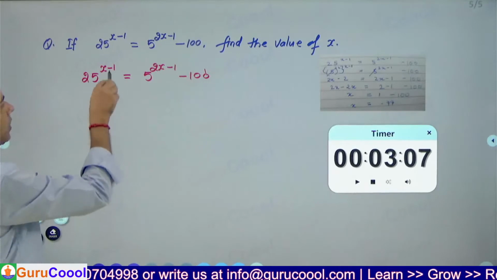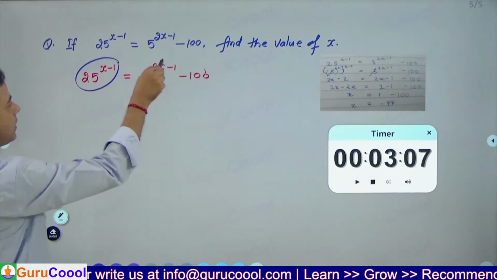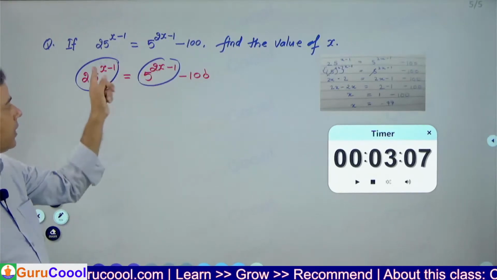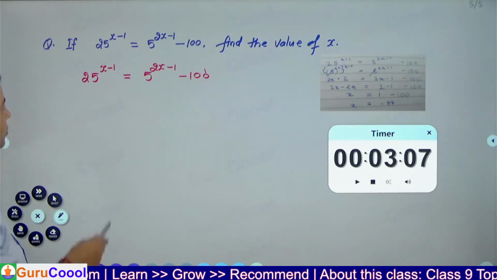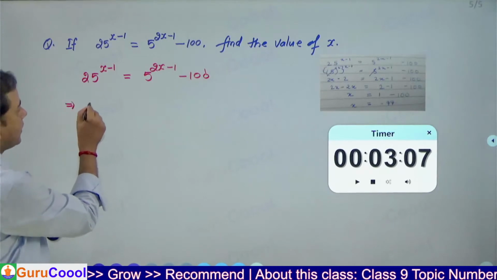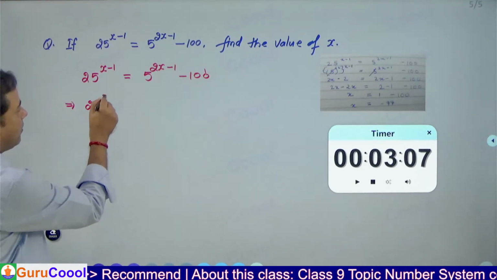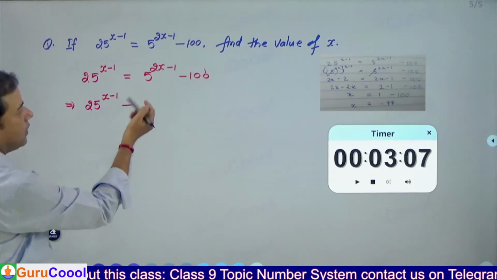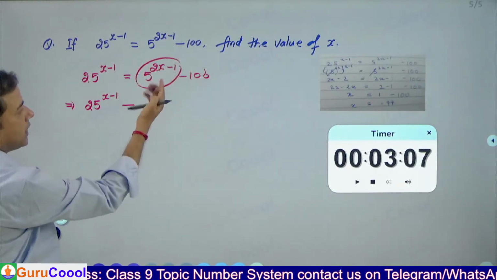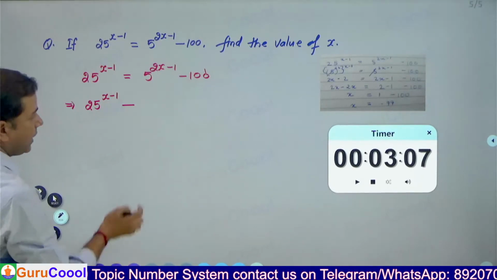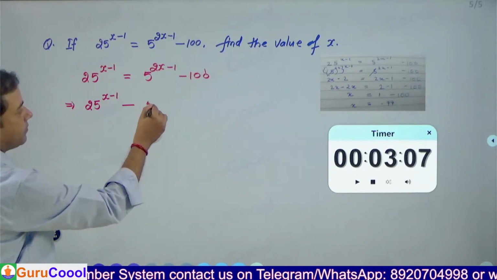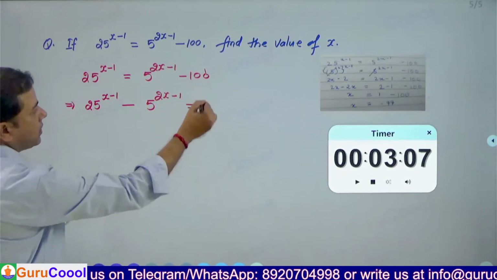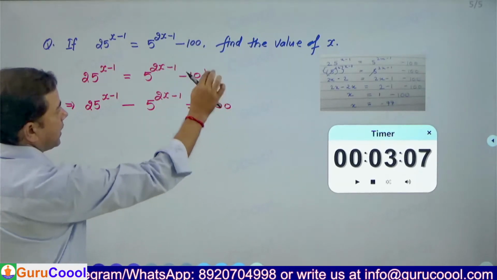So there are two terms having exponents, especially variable exponents, x in the exponent. Let us take them on the same side. 25 raised to the power x minus 1, and this comes here with the minus sign because presently it is positive on the right side. If we take it to the left, it will be negative. 5 raised to the power 2x minus 1, and minus 100 is still remaining there on the right side.